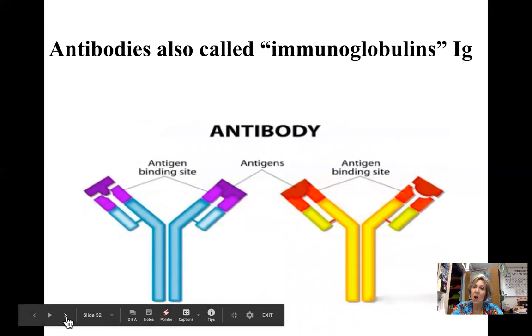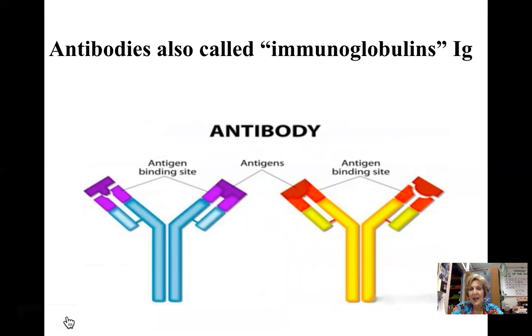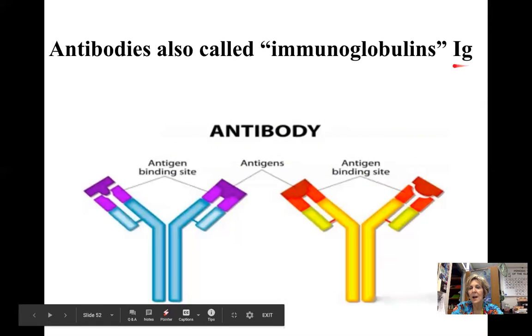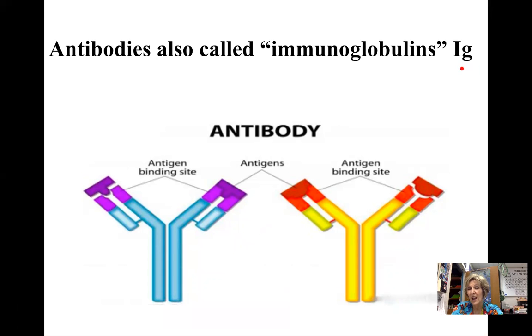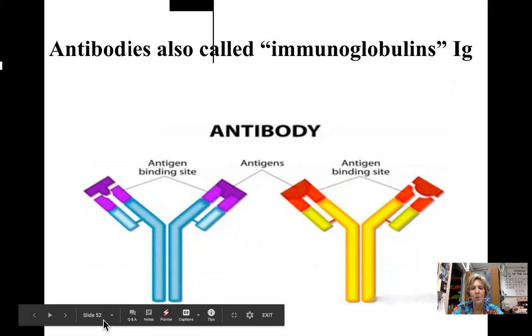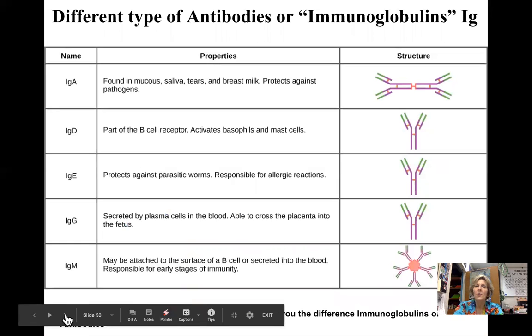Antibodies are also called immunoglobulins. And sometimes we use capital Ig as short for immunoglobulins. So that's kind of the fancy name for an antibody. There are lots of different categories of antibodies or immunoglobulins.